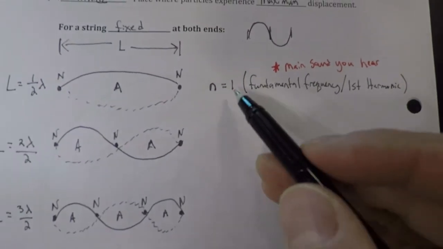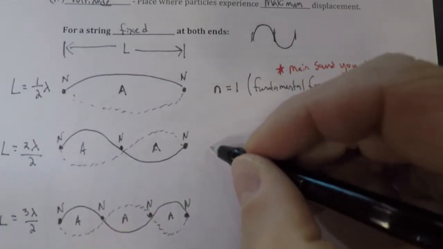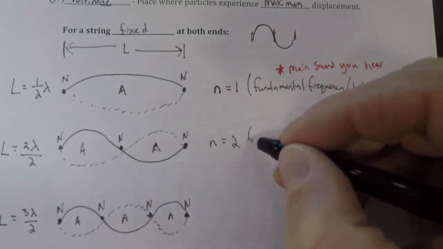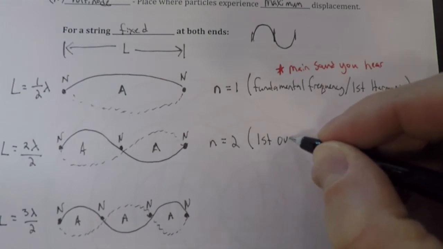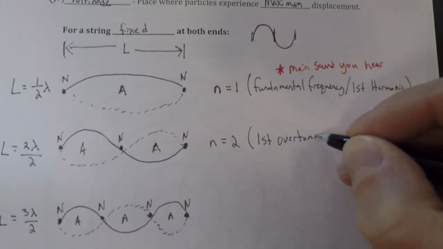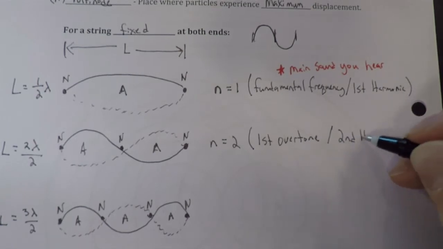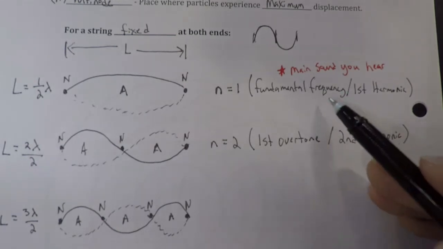For the first one, it's 1 half, we have n equals 1. The next one we have our little n is 2 here, so 2 halves, second harmonic, or a whole wave. It's above the fundamental frequency. This is called the first overtone. That's a little confusing. The second harmonic and the first overtone are the same thing. So little n is the harmonic number, and then we call it an overtone because it's above the fundamental.